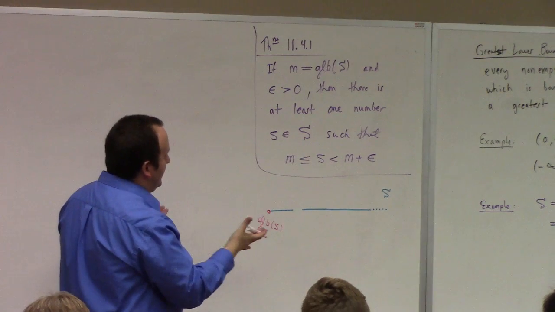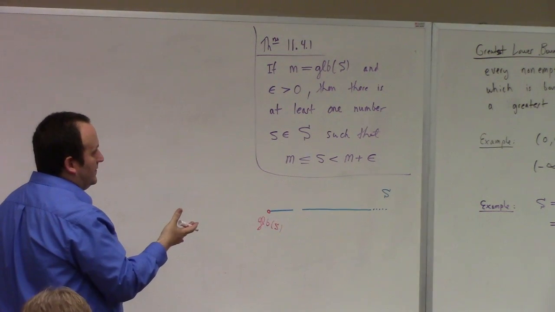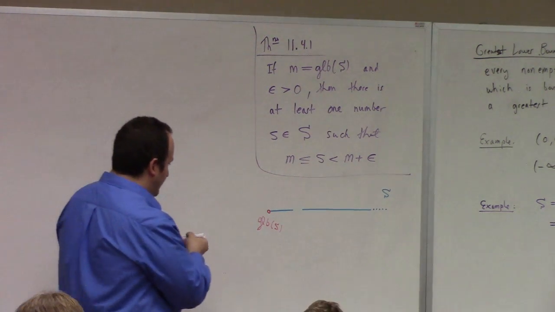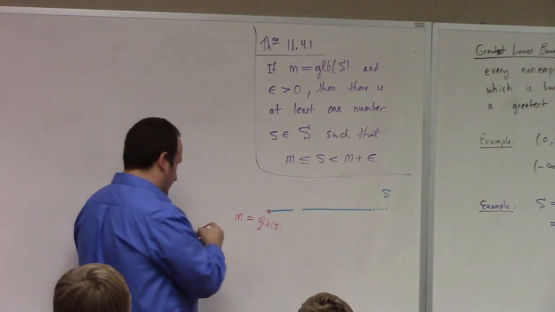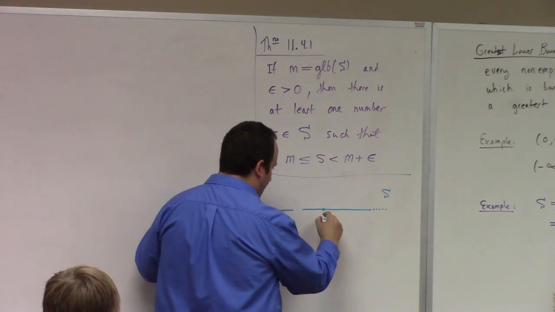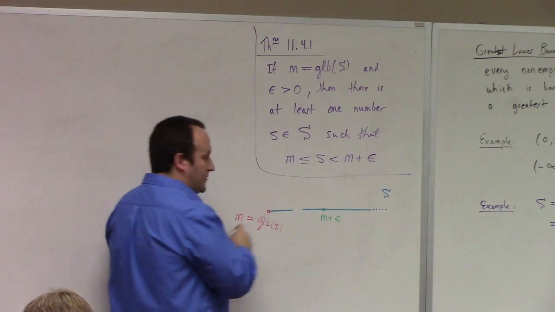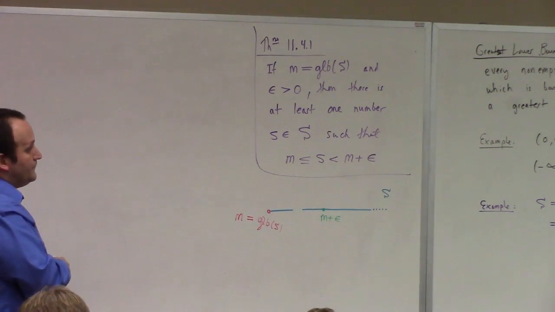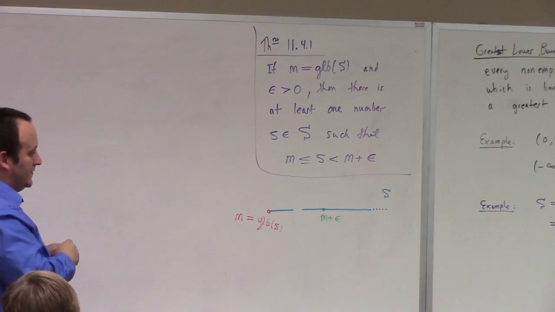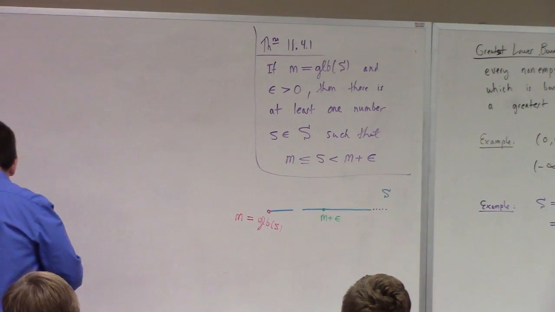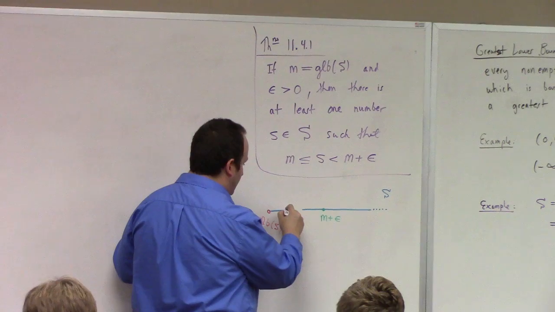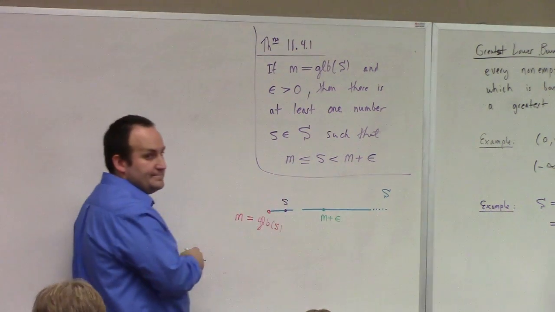And then it says, if epsilon is greater than 0, there is at least one number in S such that, what? This is my m. So what would m plus epsilon look like? m plus epsilon would be some point over here. Here's m plus epsilon, epsilon some positive number. I don't know what it is exactly. It says that there's at least one s in S such that s is between what I did in red and what I did in green. Does that make sense? So there's some s in here somewhere, like that.